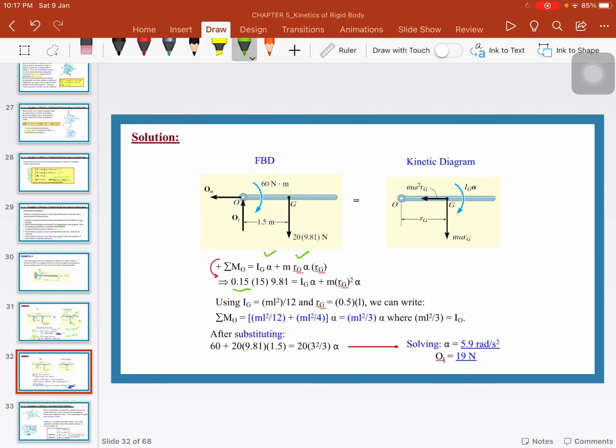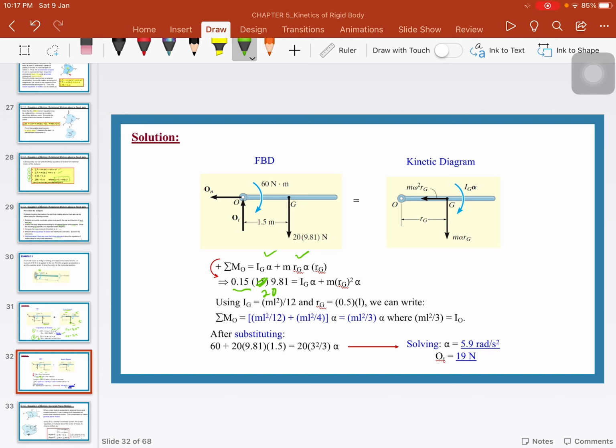Sorry, there's an error here; it should be 20 here. So this equals IG alpha plus M RG alpha.